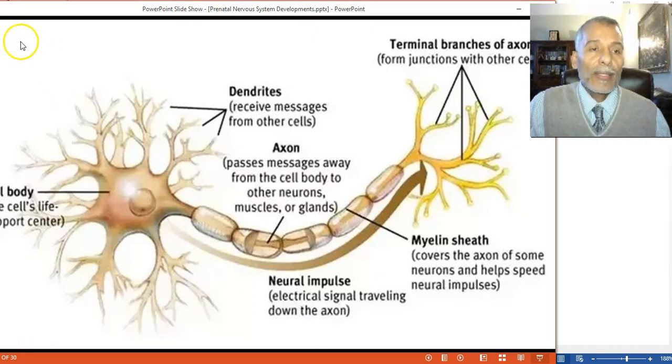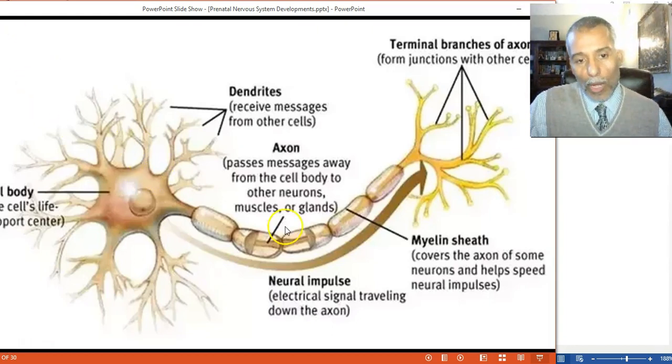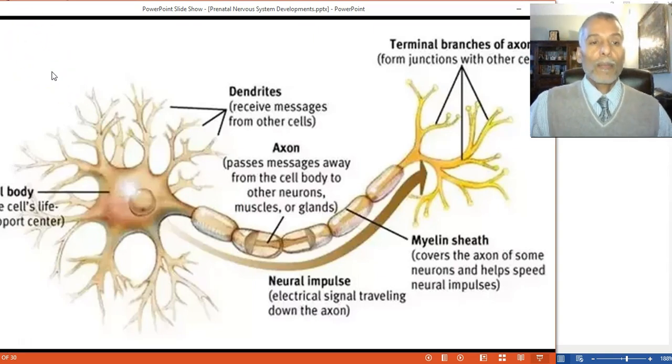The axon that is sending the signal is called the presynaptic axon, or the presynaptic neuron. The neuron that is receiving is called the postsynaptic neuron, because the synapse is the point, and what is behind the synapse is the one that receives. What is in front of the synapse is the one that gives the signal.